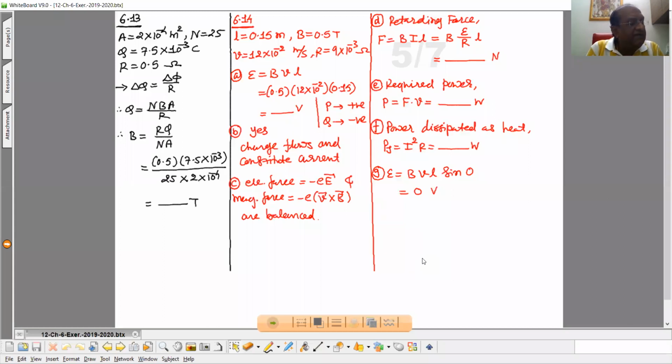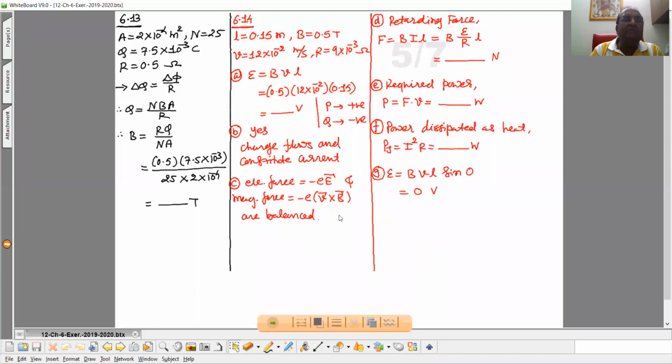Equivalently, one can give it a quick 90 degree turn to bring its plane parallel to the field direction. The total charge flown in the coil, measured by the ballistic galvanometer connected to the coil, is 7.5 millicoulomb. The combined resistance of the coil and galvanometer is 0.5 ohm. Estimate the field strength of magnet.